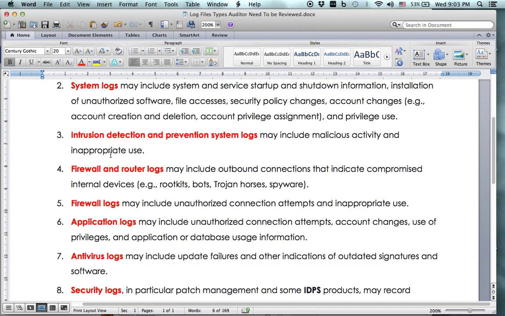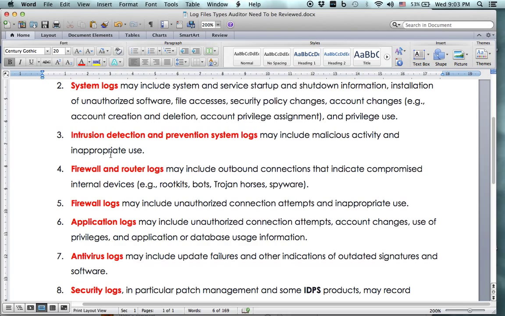So the next is the firewall log. The auditor will review this log to identify unauthorized connection attempts or inappropriate use by an unauthorized user, or the system being compromised by an external attack or insider attack.